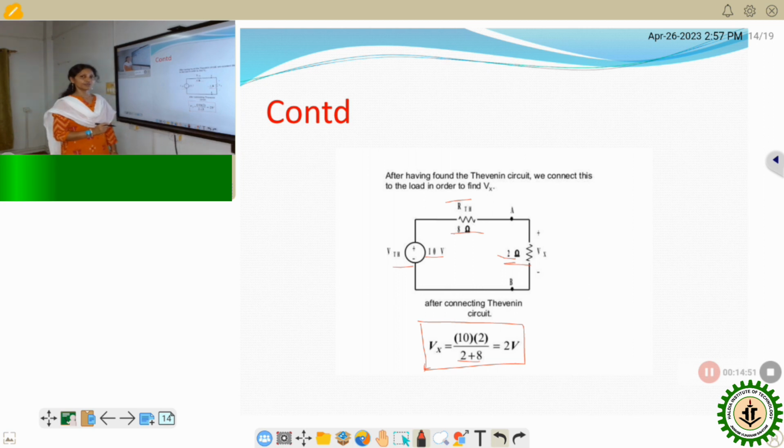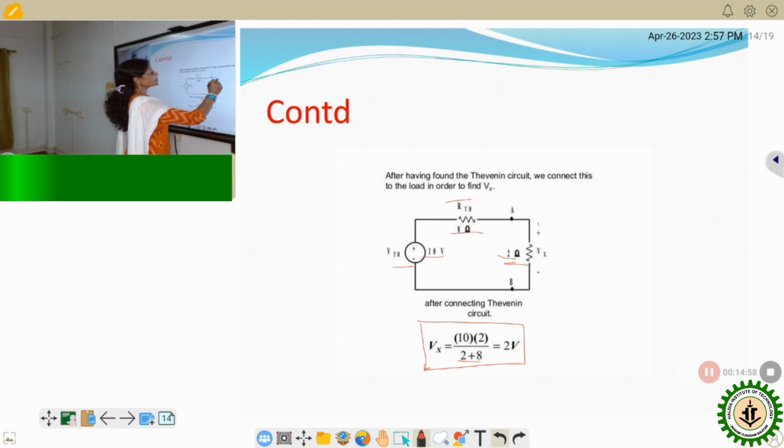Then the current through the 2 ohm resistor will be equal to what? Current through this 2 ohm resistor, if it is IL, then IL will be equal to what? We can also calculate IL like this.